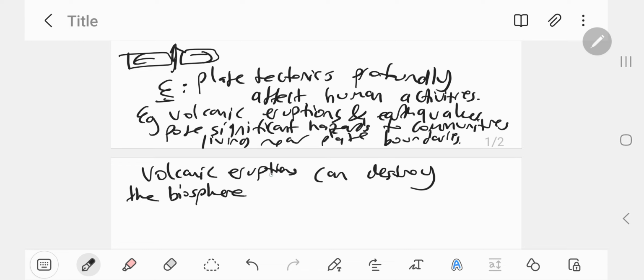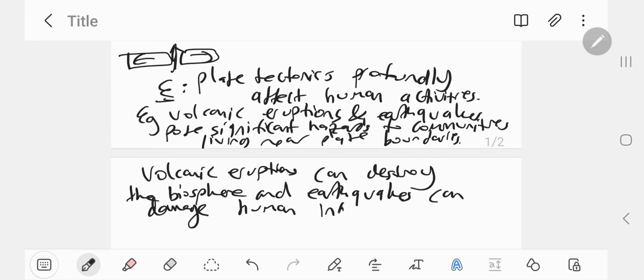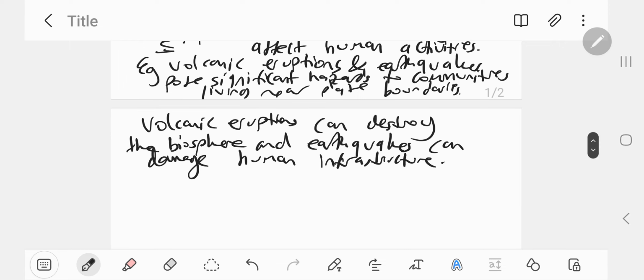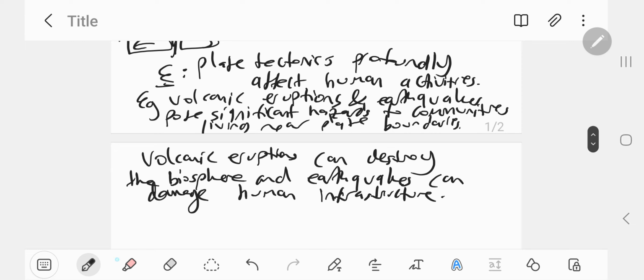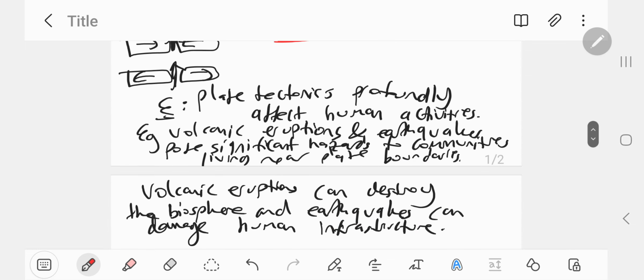They can destroy the biosphere, and earthquakes can damage human infrastructure. For example, you can go into more detail. I'm just going to leave it at that. You probably get the point. So that's another 2 marks here. So we're on to 6 marks.